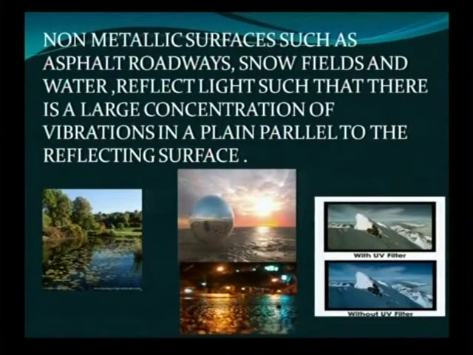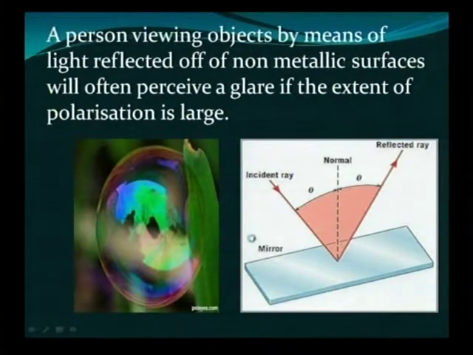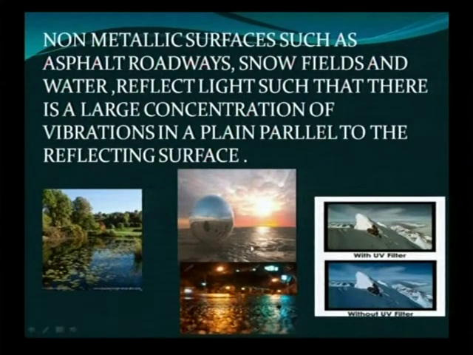Whereas here, in this case, it is water, a road and snow fields. You can see it clearly. The light ray coming from the sun, incident on this water surface, is reflected. It means reflection takes place in non-metallic substances.